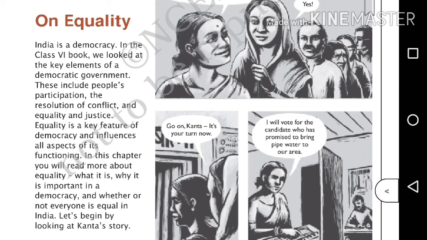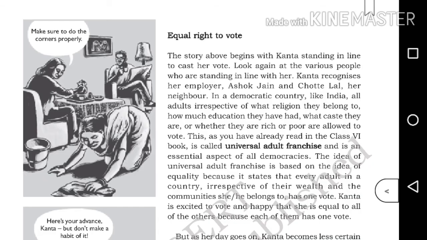Whereas the other person is rich and owns a car. Both of them wait on a line to cast their votes. But in the government hospital, you can see only the poor people standing on the line, as the rich prefer private hospitals. So this is just a story to show the difference in the life of two people.